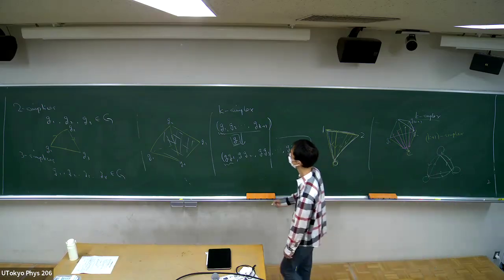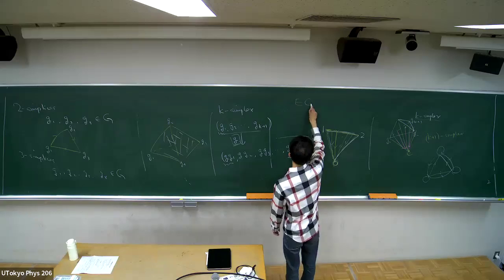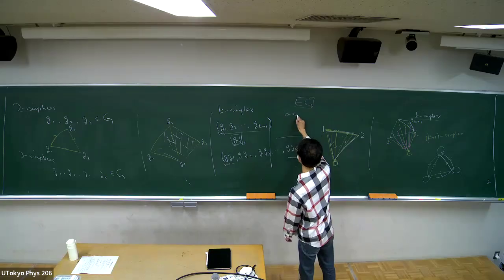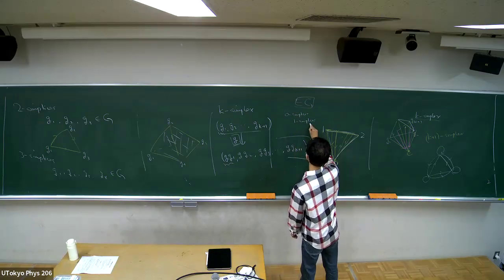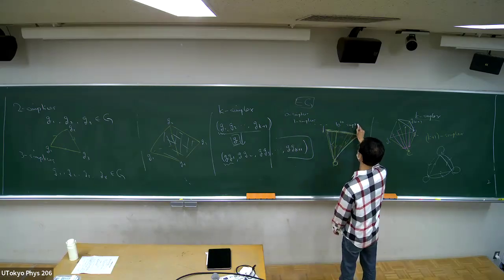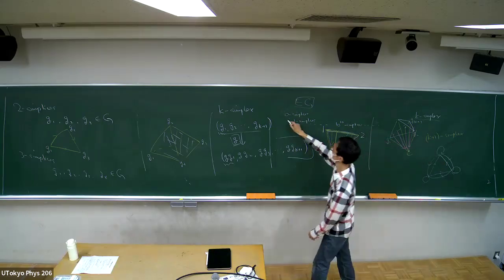Is a K simplex itself EG, or a combination of one simplex, two simplex, three simplex? EG is obtained by pasting all of the zero simplices, one simplices, and ten to the ten simplices, and to infinite dimension.